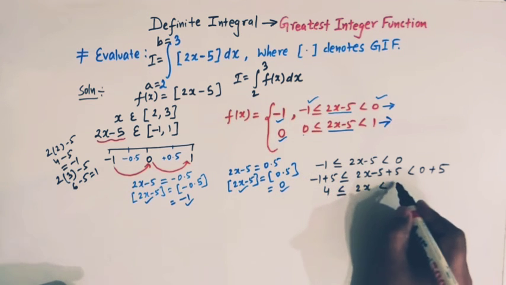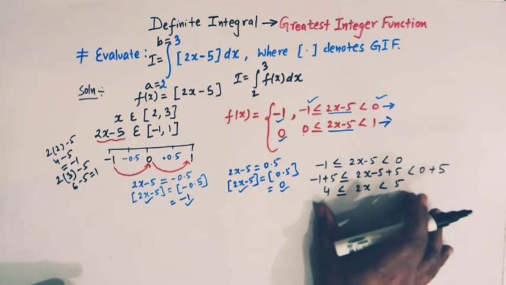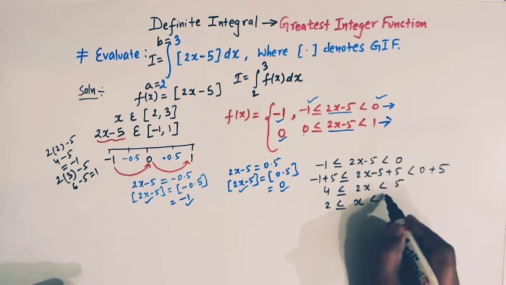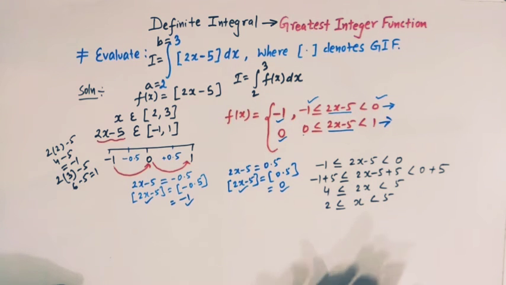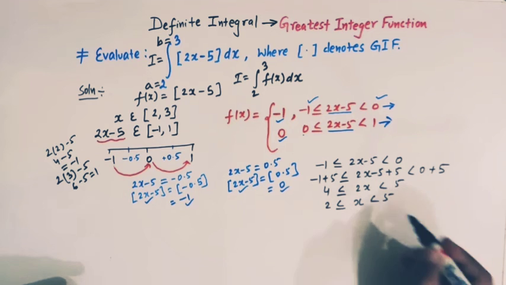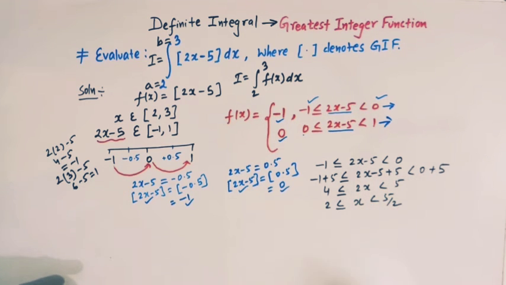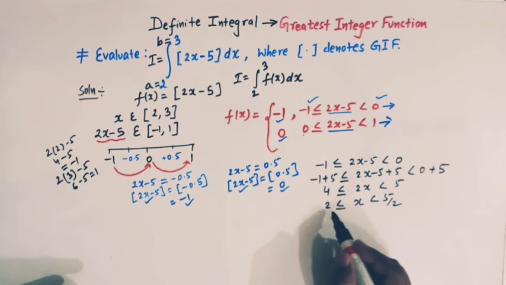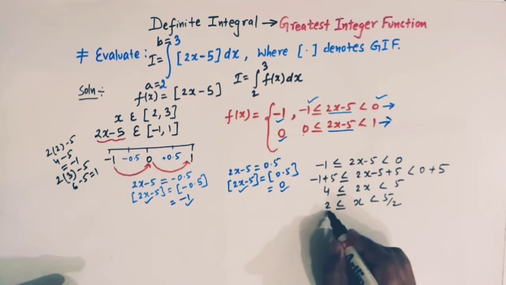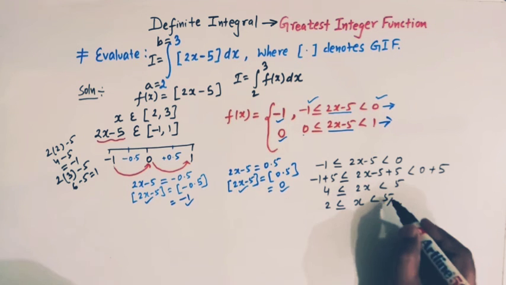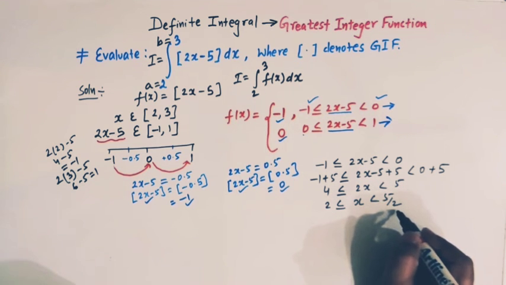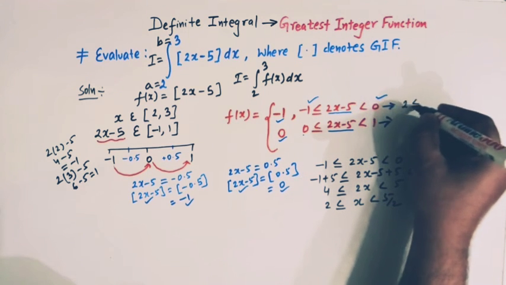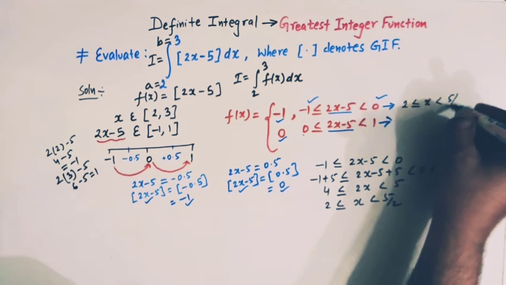Here we have 2x, here we have 5, and dividing throughout by 2 we have 2 less than or equal to x and less than 5 by 2, right? So we have solved this inequality for x, and we have got the value of x in the interval from 2 to 5 by 2, right? So here we can write 2 less than or equal to x and less than 5 by 2.